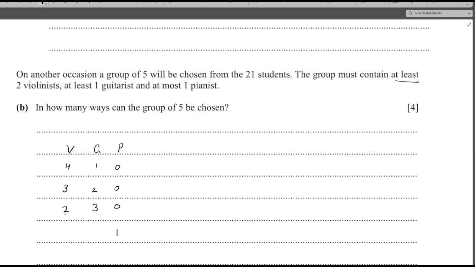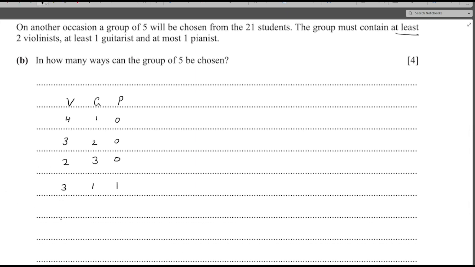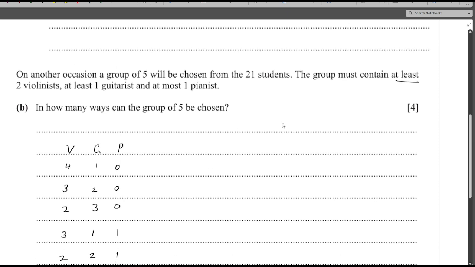So in that case, violinists could be 3, guitarist could be 1, at least 1 guitarist should be there. Or here we have 2 violinists and 2 guitarists and 1 pianist. So these are 5 scenarios in which I can choose the required group.